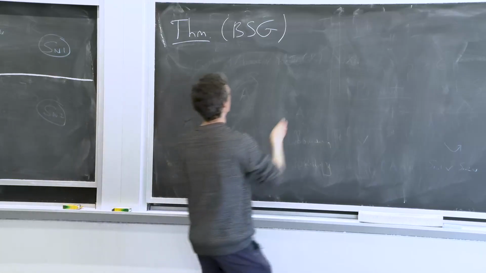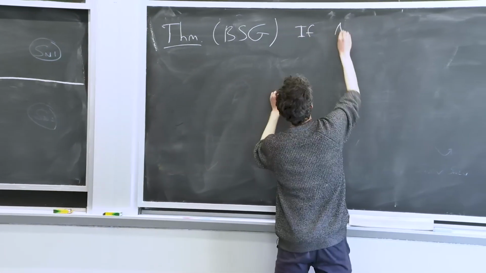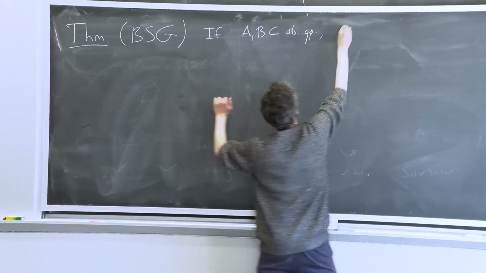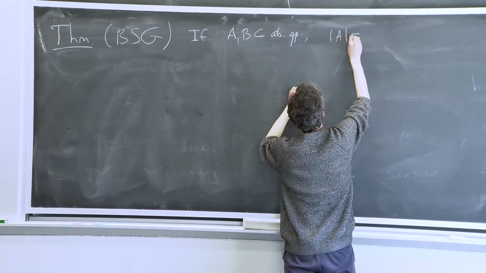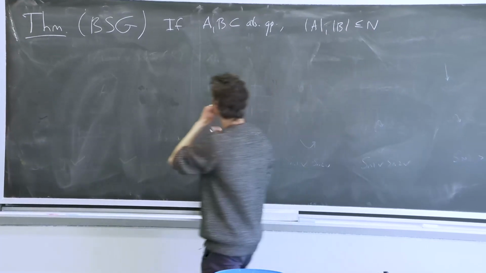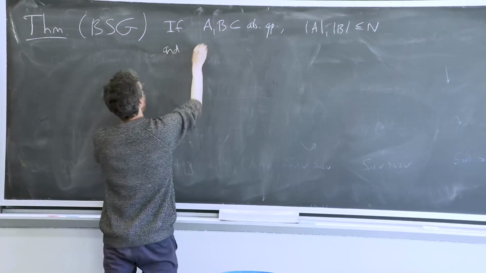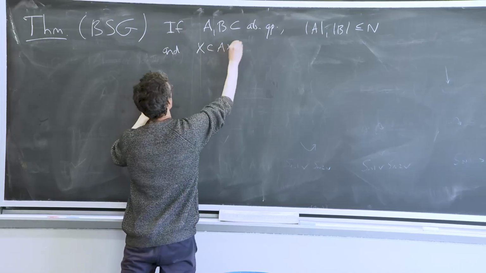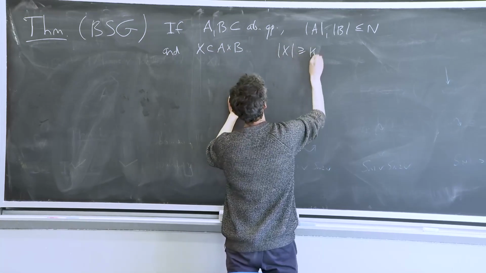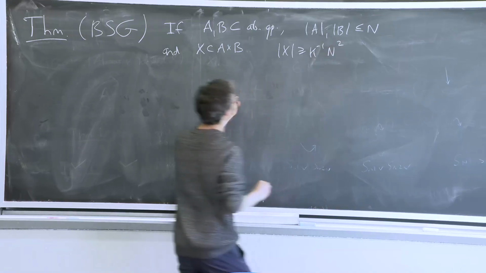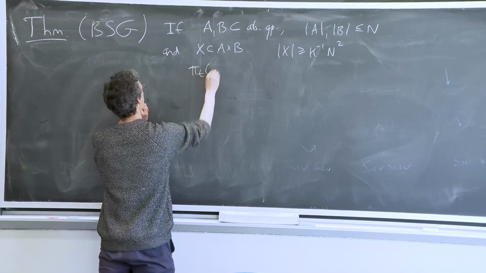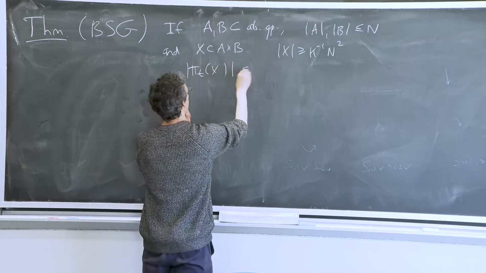All right. So it says, if A and B are contained in an abelian group, and they have size at most n, and I have a subset of A cross B, which is a significant fraction, and the projection of this subset in some direction is small.